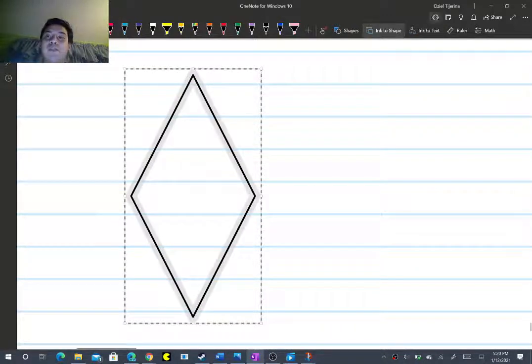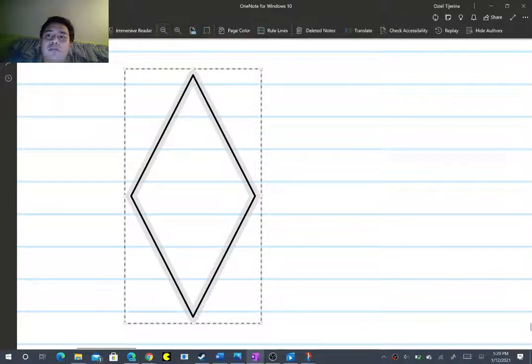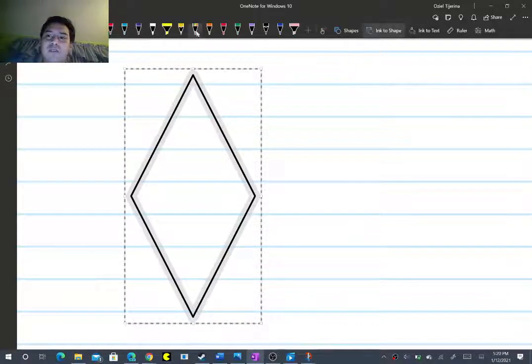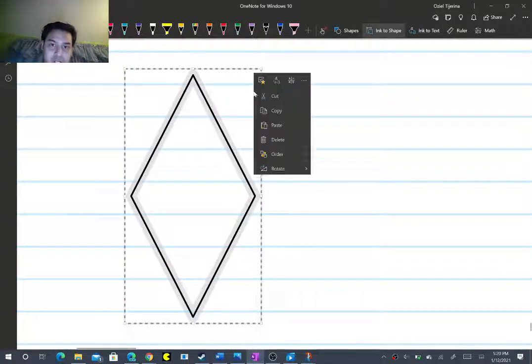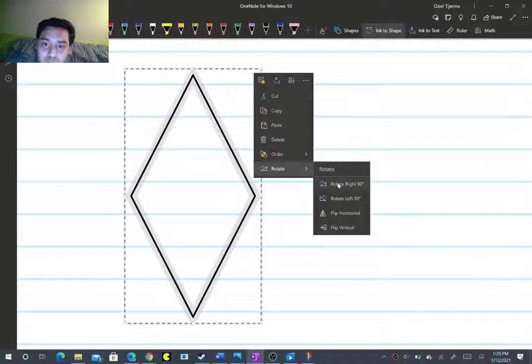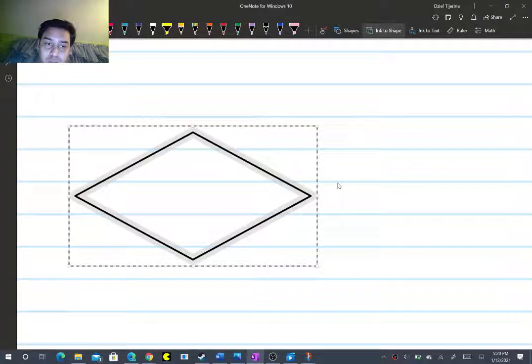if we rotate this, let's see here. I'm gonna see if I can rotate it because I'm not sure exactly if I can. Hold on. Okay.